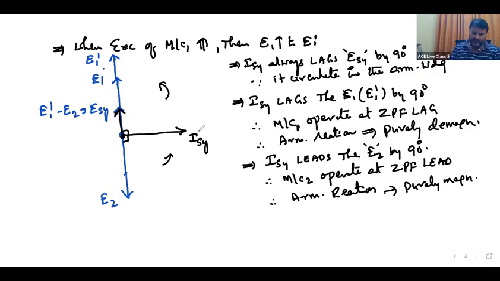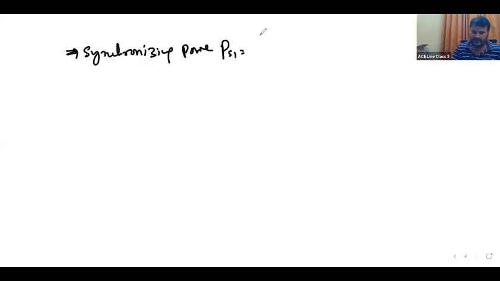Now the synchronizing voltage is there, the synchronizing current is there. Is it active power or reactive power? Let us see. Synchronizing power PS1 is equal to the active power, E1 dash into ISY cos 90, its power factor angle being 90.